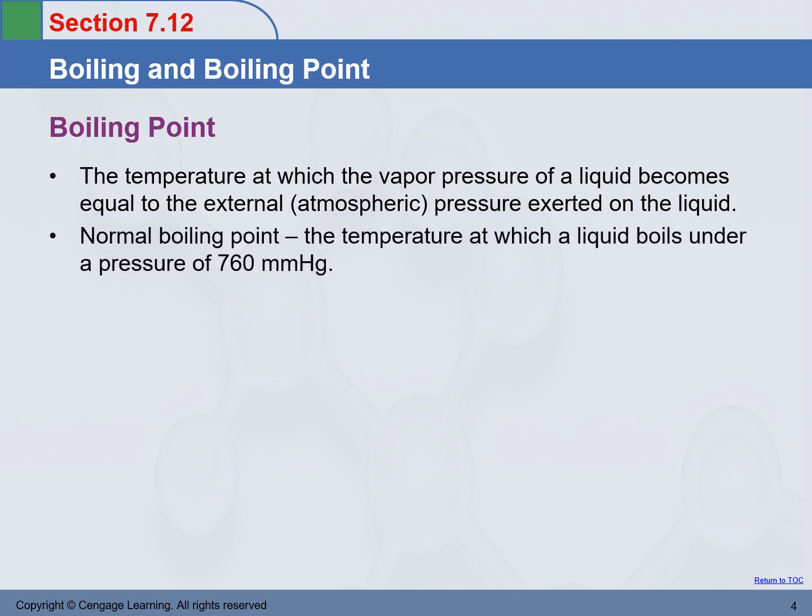If the external pressure is 1 atm, 760 millimeters of mercury, the boiling point is called the normal boiling point. Like the normal boiling point of water is 100 degrees Celsius. That means at 100 degrees Celsius, the water's vapor pressure is 1 atm, 760 millimeters of mercury, the same as the standard atmospheric pressure.